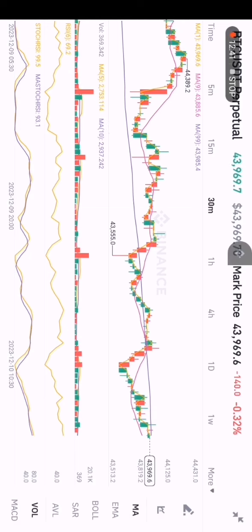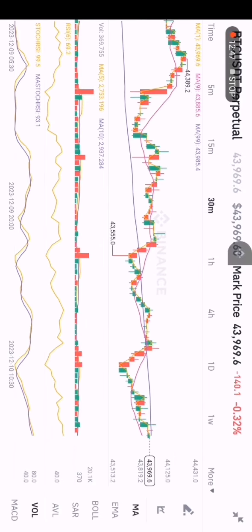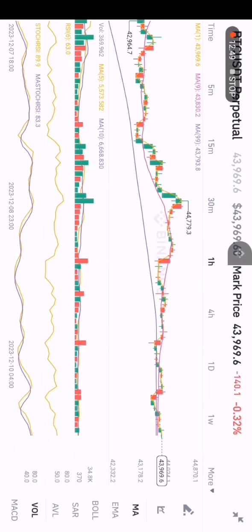I'm checking the RSI value based on different time frames as well.